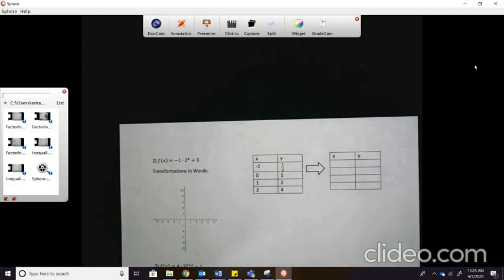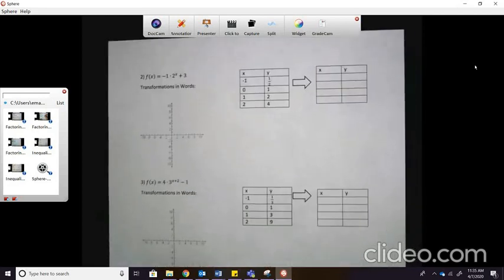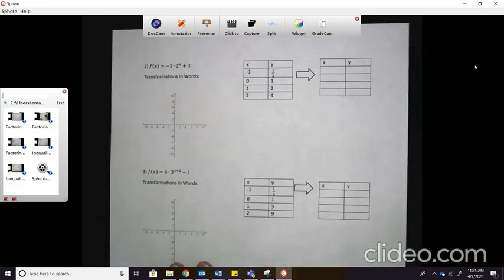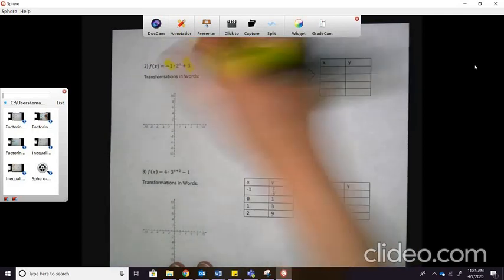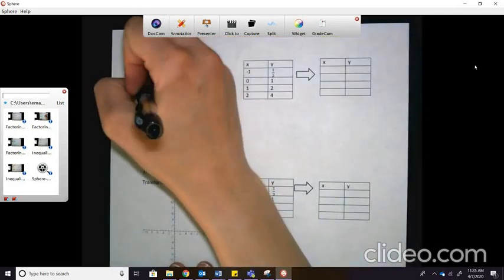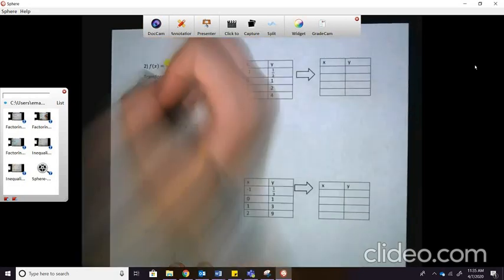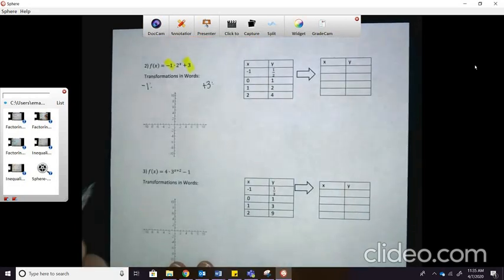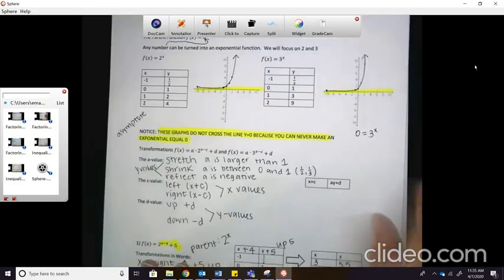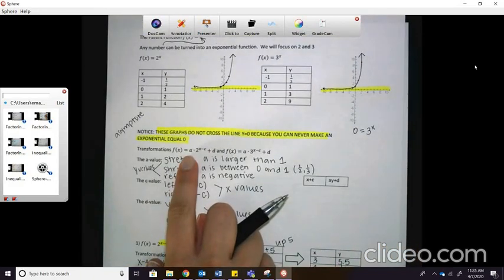Okay, let's look at another one. I'm going to keep this close at hand so we can look and refer to it. All right, so I'm going to highlight my transformations. Those two things are not normal. They are not in my parent function. So I have a negative 1 in front. In front, that's an a value.